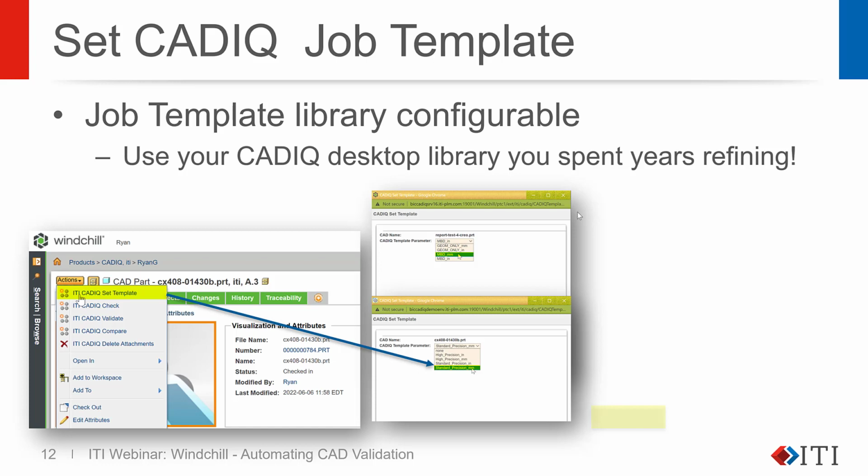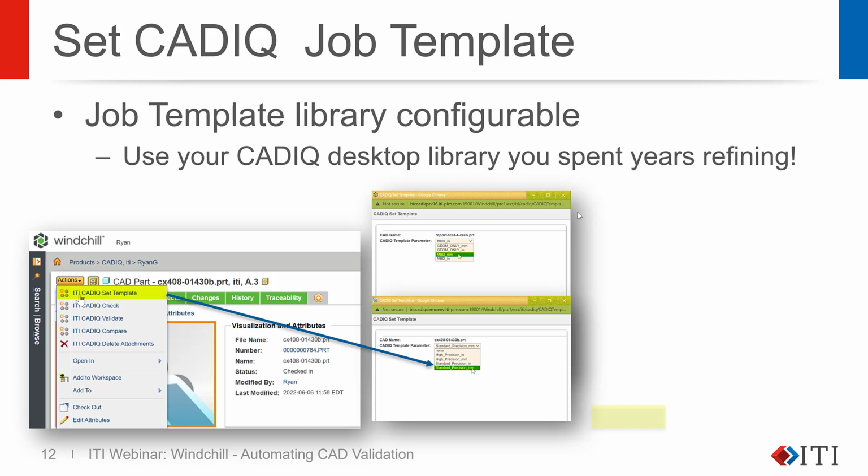So we can build those libraries of checks. It could be a standard precision, high precision. Maybe we just want to check or evaluate geometry, geometry plus annotations. So we're leveraging all the existing capabilities of the desktop CADIQ just in a Windchill environment.